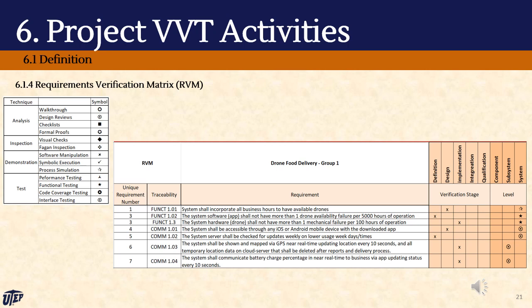For instance, requirement 7, involving the real-time communication of battery charge percentage to the business via the app every 10 seconds, is designated for the implementation phase of the verification stage. Notably, this requirement operates at the subsystem level, necessitating interface testing for verification as indicated by the symbols representing various testing methods located in the top left corner of the slide.